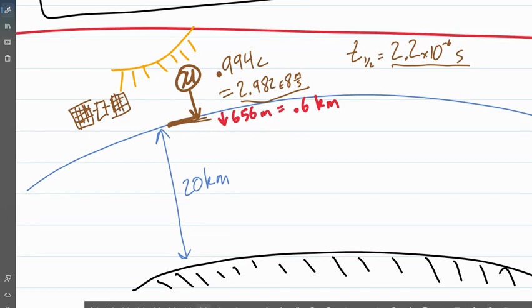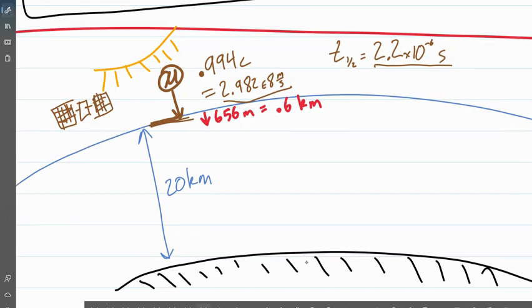We would expect, right, 0.6 kilometers, very few muons down here. And if you want, you could do the math with half-lives to see what fraction of muons should make it to the Earth's surface.